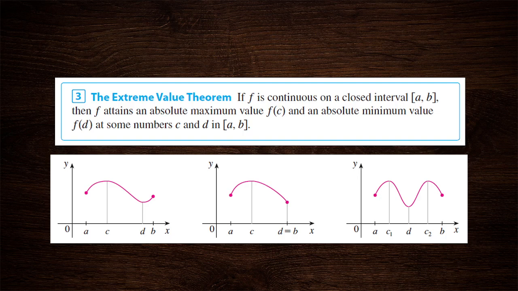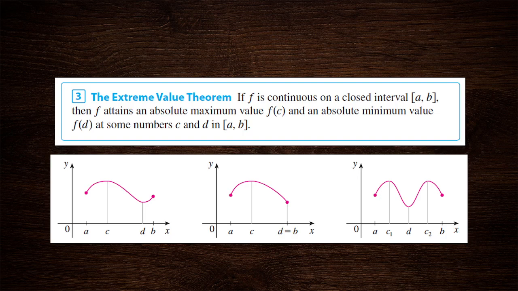So as what we could see from the previous example, it is very situational. You just need to understand the definitions of the maximum and minimum values, and that we have absolute and we have local. But it is very tricky when you are given a closed interval.